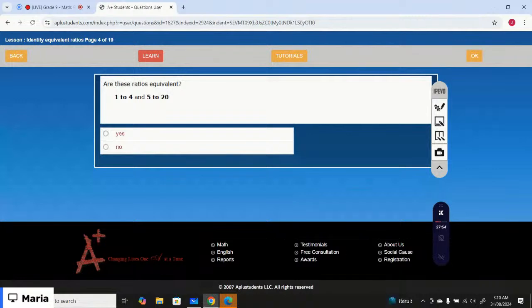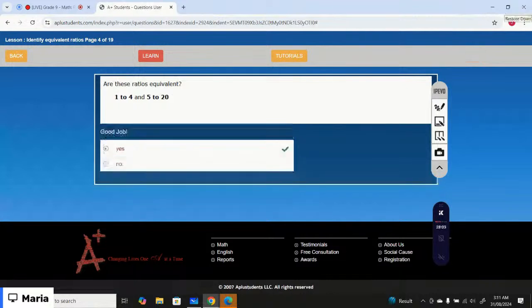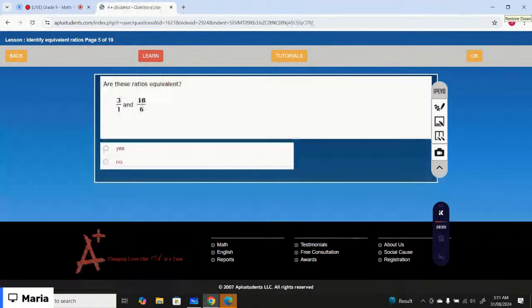Yes, they are equivalent. Got it. The correct option is yes, option number one. Okay, are these ratios equivalent? 3 to 1 and 18 to 6?